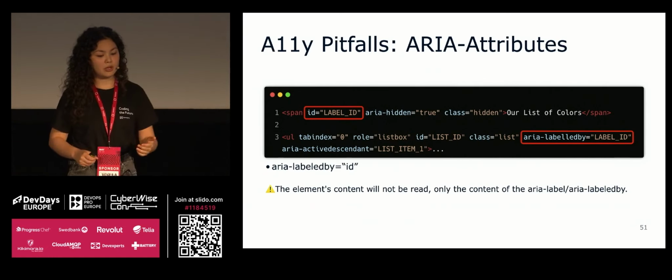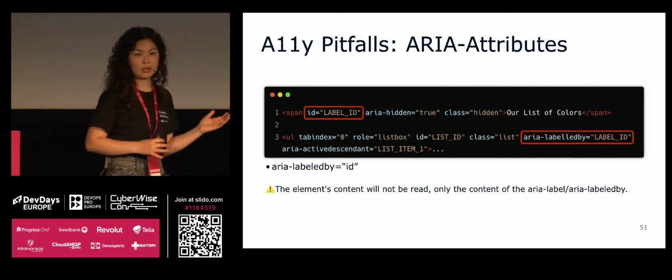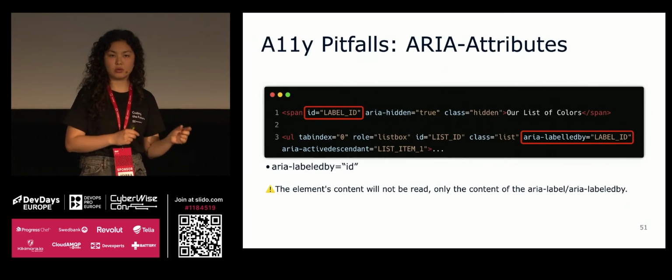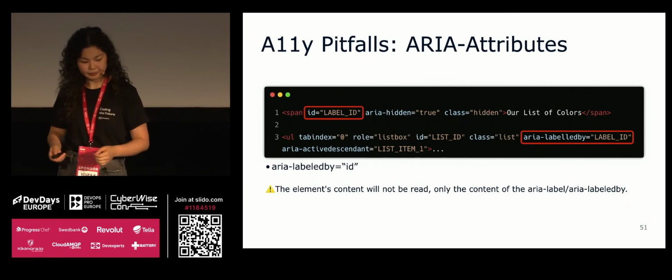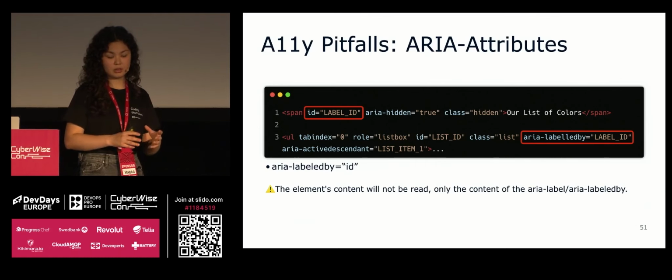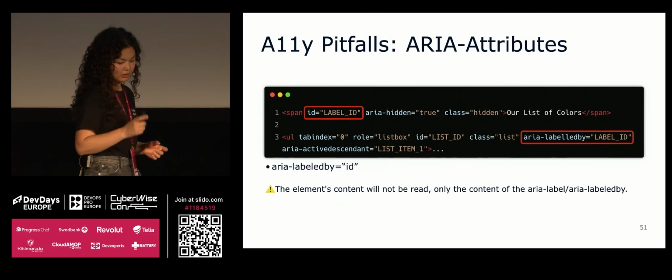So whenever a screen reader is focused on that list, it will read our list of colors. And one tiny warning: in some situations when you're using ARIA label or ARIA describedby attributes on an element, a screen reader will give preference to the content of this attribute instead of the content of the element. So have that in mind.